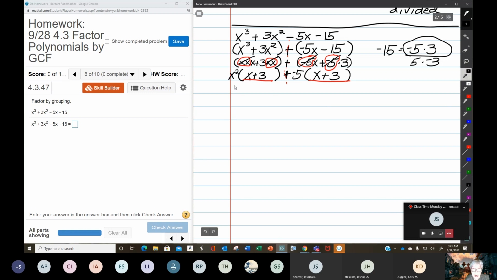So I write it out front. I should have circled it because I want to stay consistent. Okay, and then I mark through the GCF I circled. And what's left here, I open parentheses for GCF.